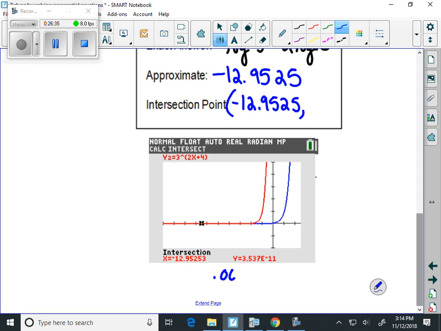It's 0.00000000003537. So for all intents and purposes, what we would say for the intersection point is that it's negative 12.9525, 0.